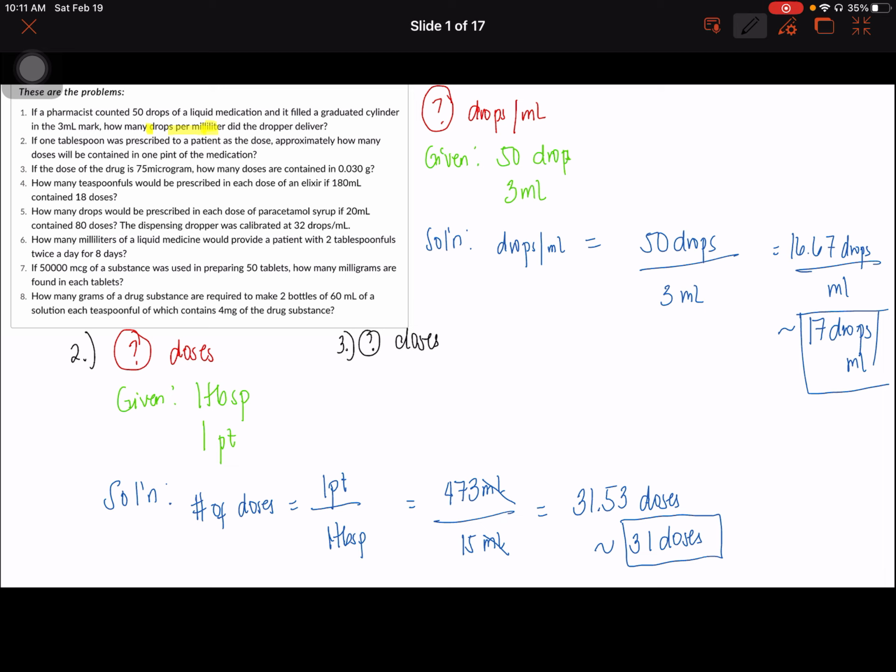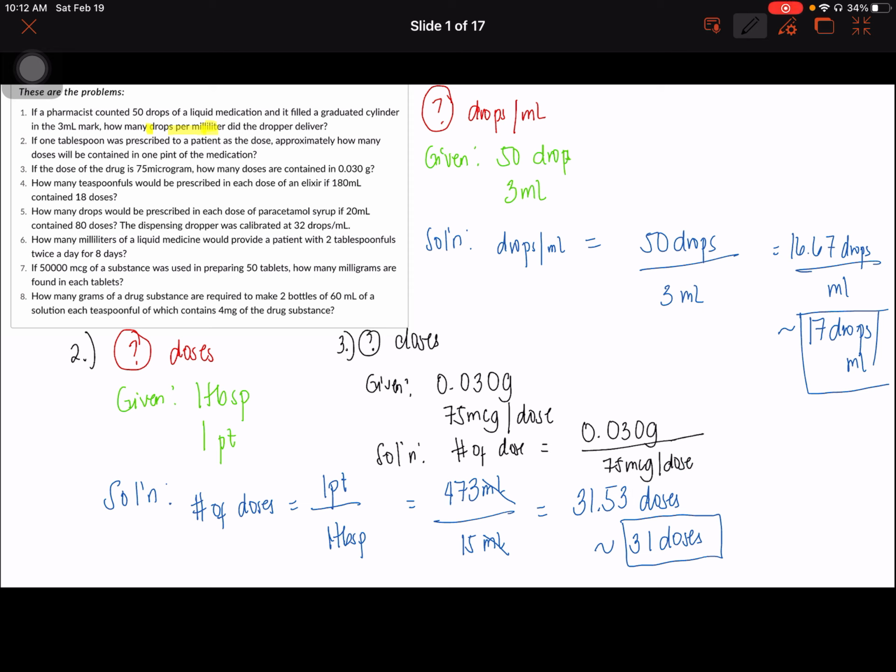The total quantity is 0.030 grams, and each dose has 75 micrograms. To compute the number of doses, that is equal to 0.030 grams over 75 micrograms per dose.